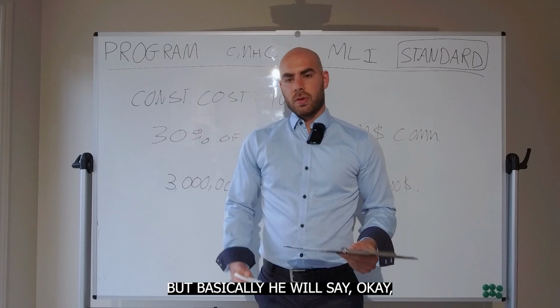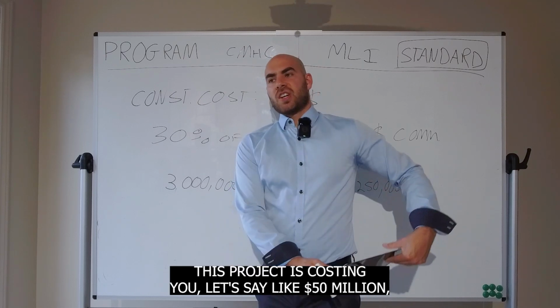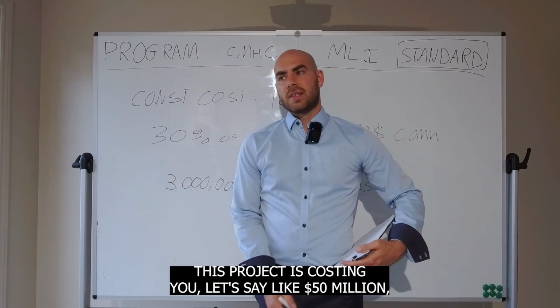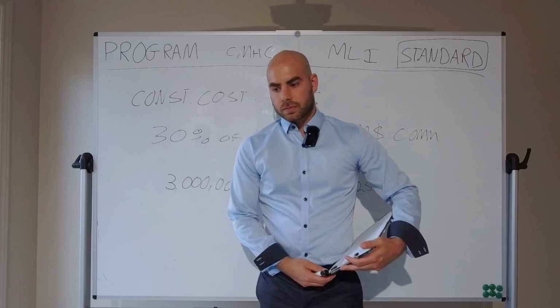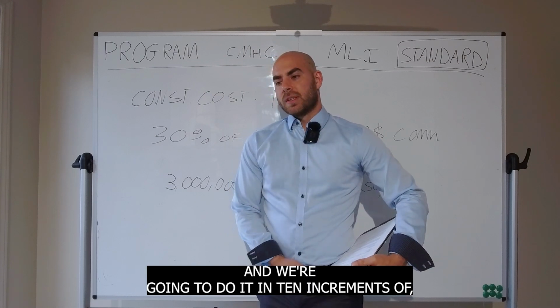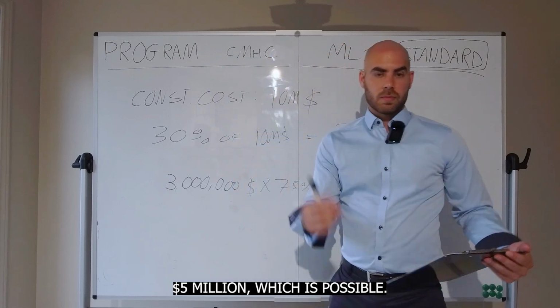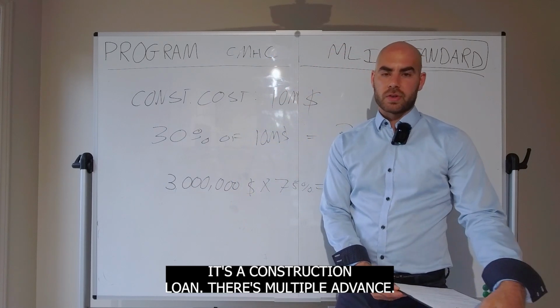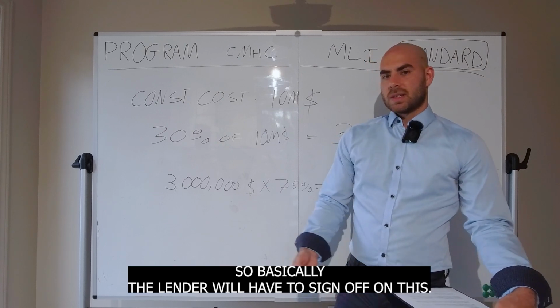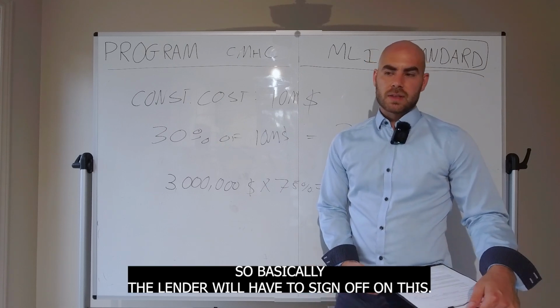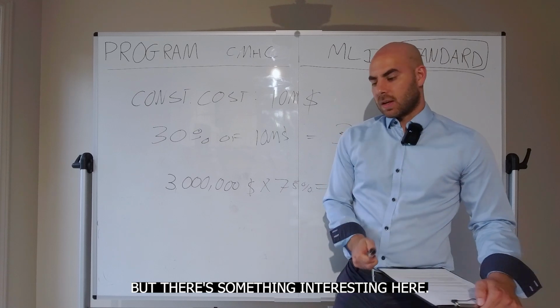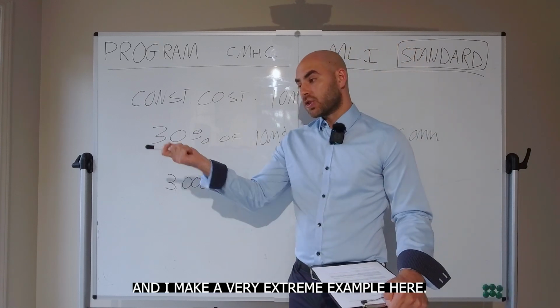But basically he will say, okay, this project is costing you, let's say, $50 million, and we're going to do it in 10 increments of $5 million, which is possible. It's a construction loan, there are multiple advances. So basically the lender will have to sign off on this. But there's something interesting here, and I'm making a very extreme example.